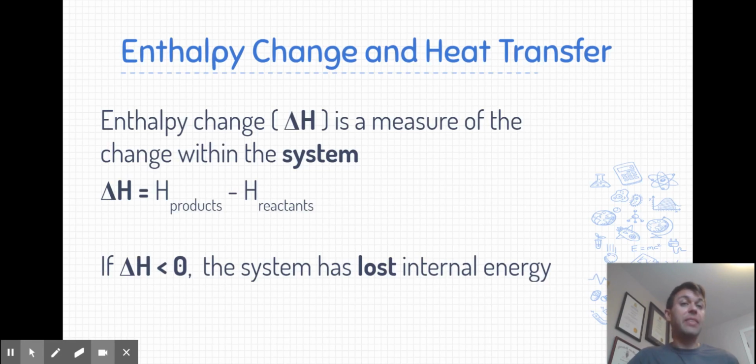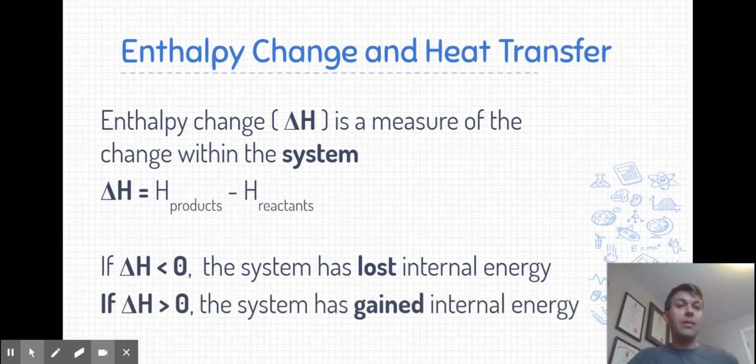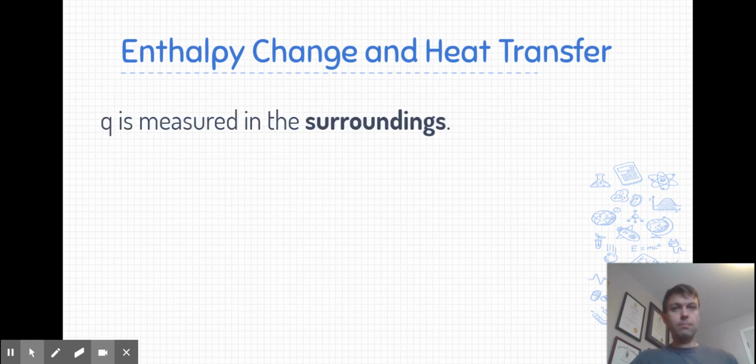This means that the system has lost some of its internal energy. If the products have more internal energy than the reactants, then the delta H value is going to be positive, in which case that tells us that the system has gained some internal energy as it's undergone a chemical change.